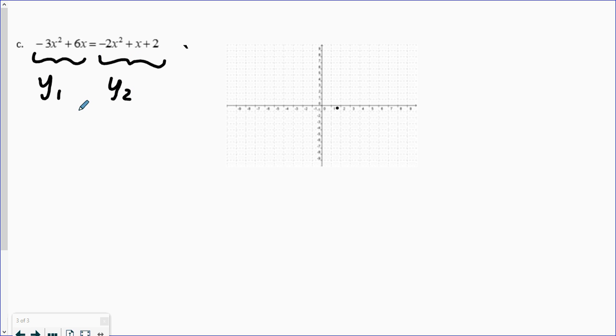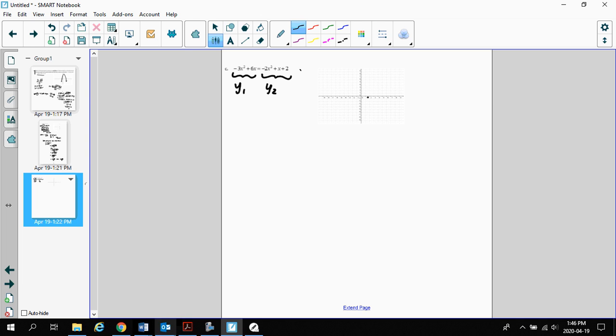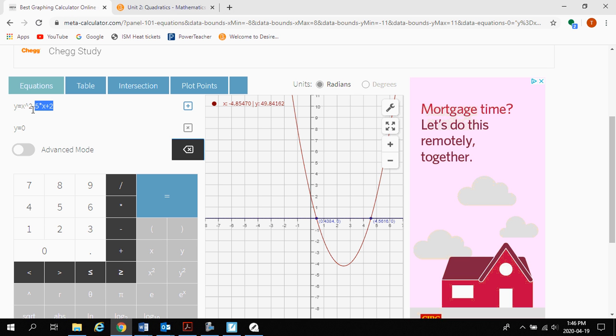And then I'm going to trace the 2 points of intersection. So on this side, it's going to be y1 equals negative 3x to the power of 2 plus 6x. So that's my left-hand side. And on the other side, negative 2x to the power of 2. Hopefully I'm typing these right.